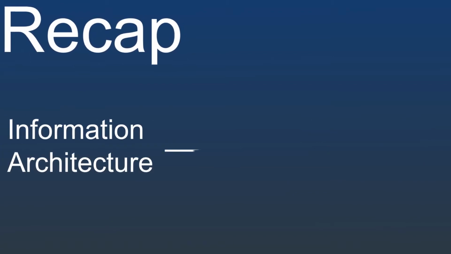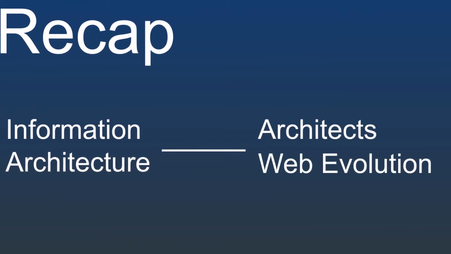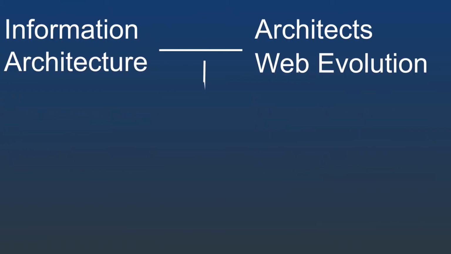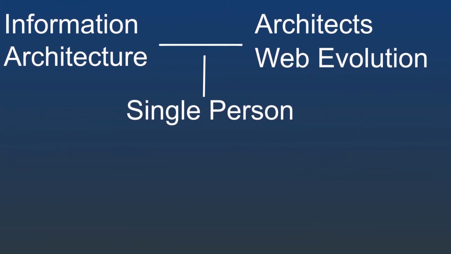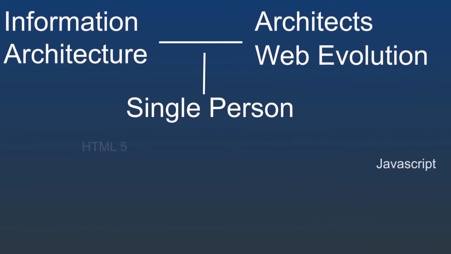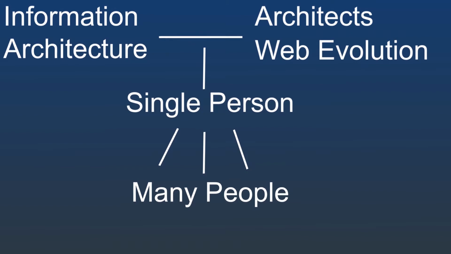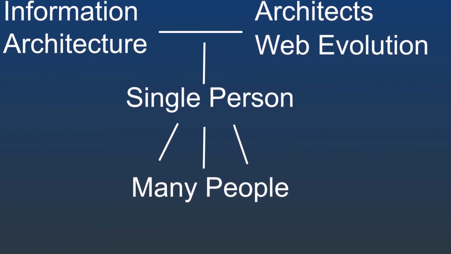So to recap, we know that information architecture was derived from looking at normal architects in the world and through the evolution of the web. The evolution of the web caused a paradigm shift in that one person could no longer manage the website on their own. There were so many different technologies that it took a team of many people to manage a specific website. We created a video to help visualize this fundamental restructure of website creation.